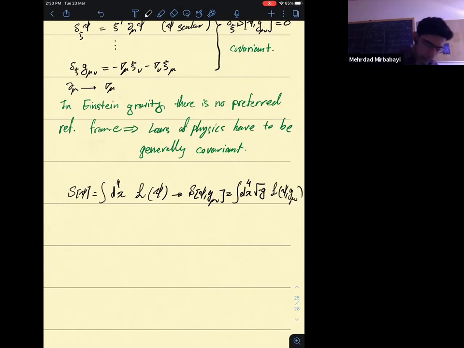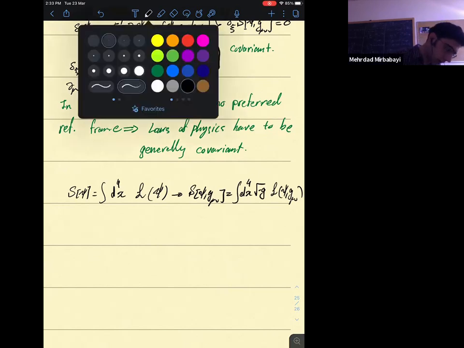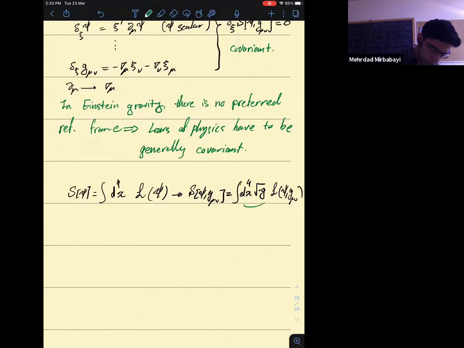The property of this measure is that under coordinate transformation it is invariant, so this goes to d4x tilde square root of minus G tilde, and that L is the scalar quantity. So let me just give some examples.